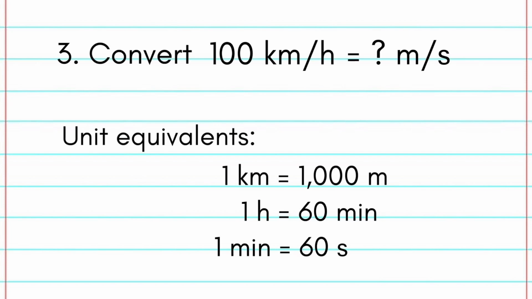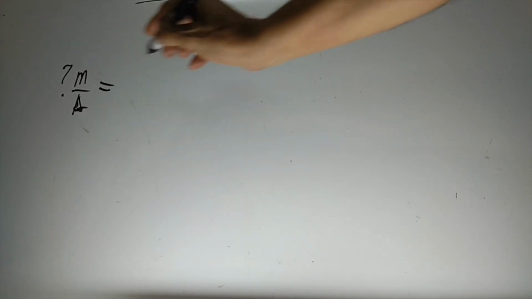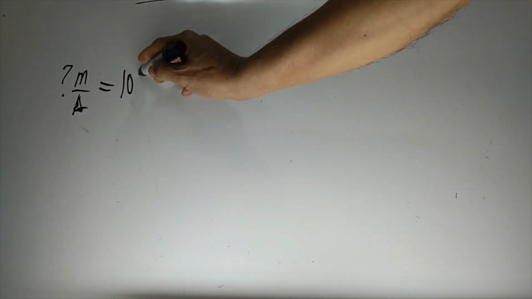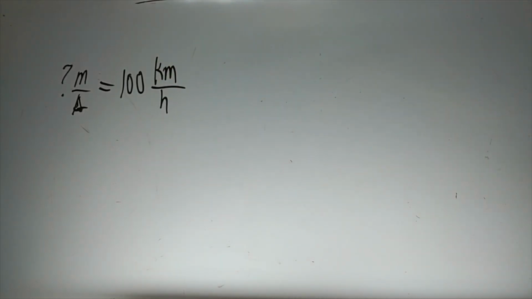The unit equivalents that will be used are 1 kilometer is equivalent to 1,000 meters, 1 hour is equivalent to 60 minutes, and 1 minute is equivalent to 60 seconds. To solve the problem, start with the desired unit, which is meter per second. Equate to what is given, which is 100 kilometer per hour.